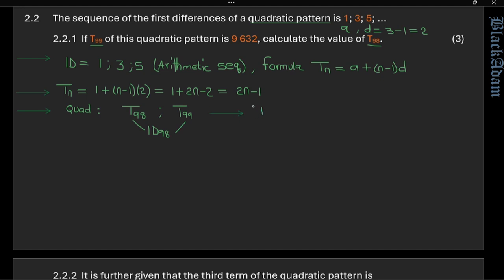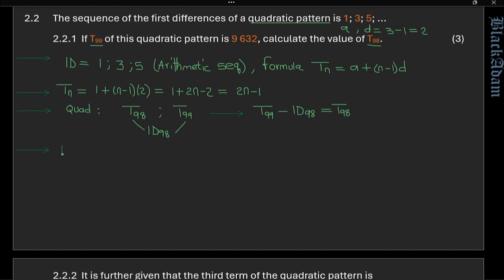So that means we have T99 minus the first difference at 98 is equal to T98.